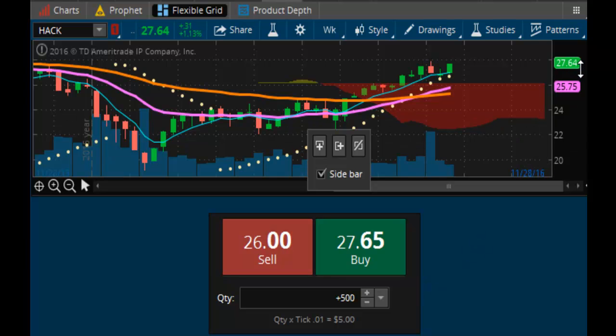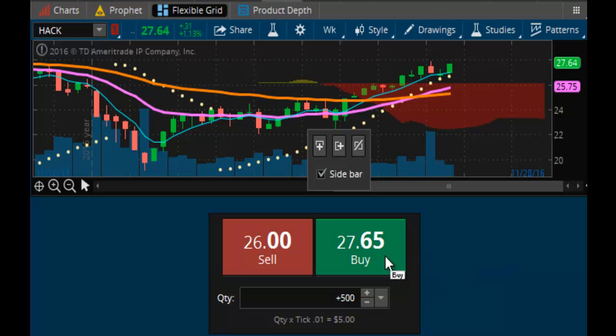Currently the market is trading here at $27.64, so you would be down automatically $1.65 right off the bat, which is the difference between the spread. Does that make sense? So that's the way that usually works.